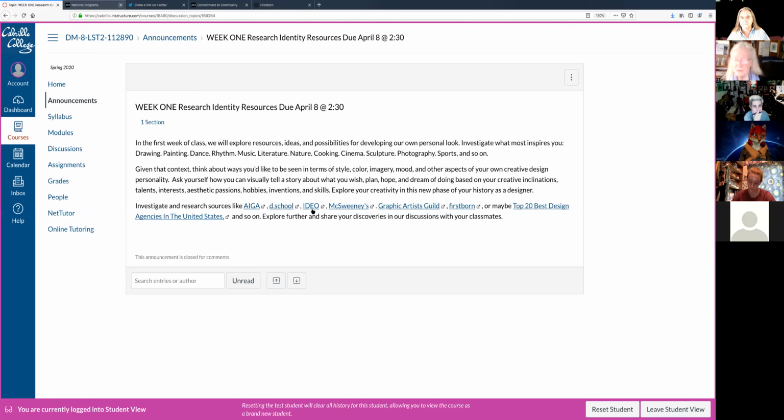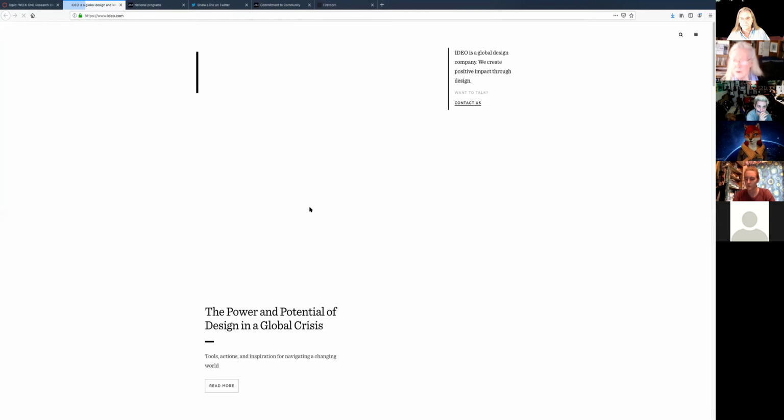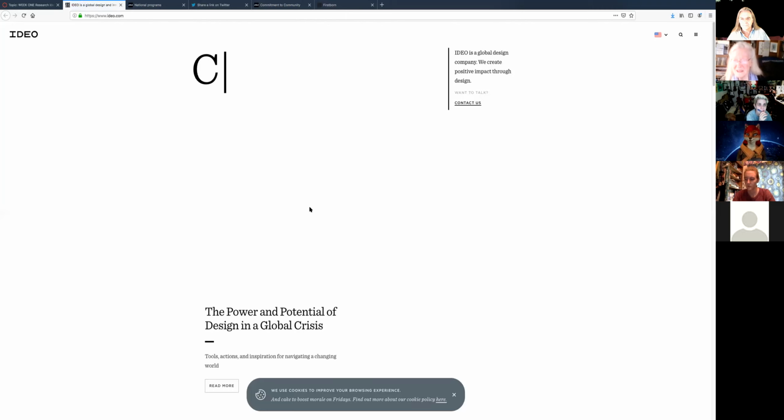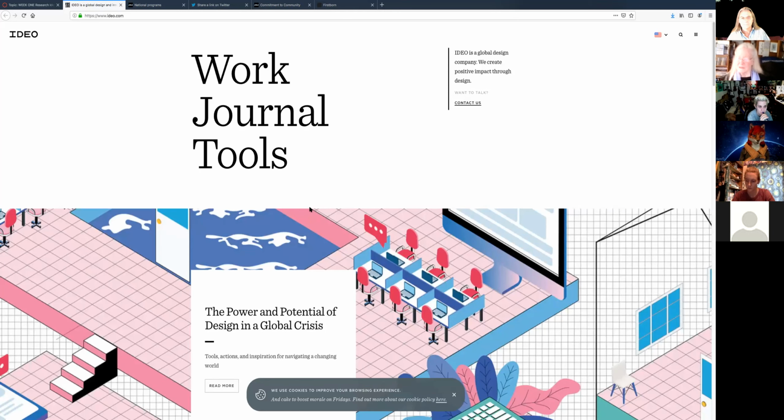So D School, and a little farther away is IDEO. They're really far away, so it takes them a while to get up on the screen. They're about everything to do with design and all kinds of design.